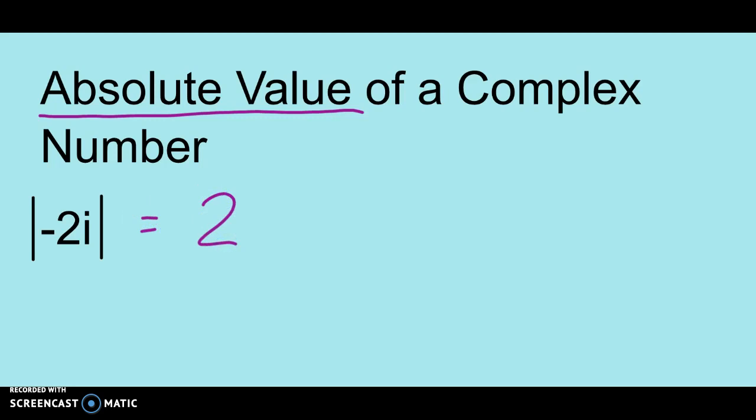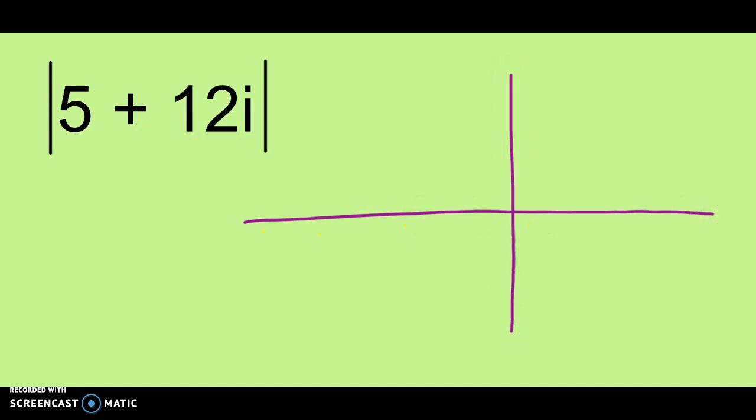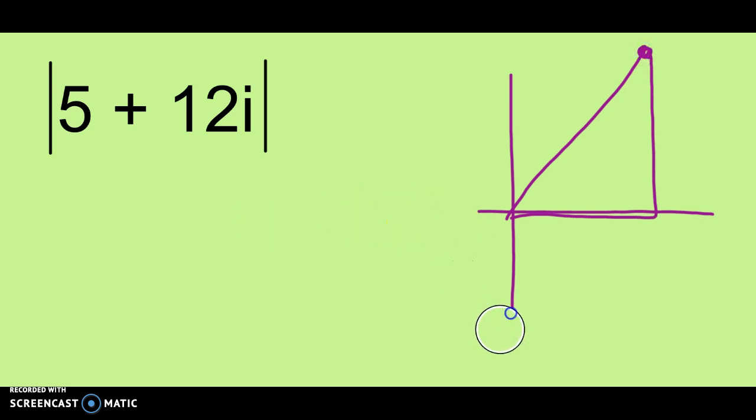It gets a little more complicated when you have something like this, because technically that's your imaginary plane, and this is your real plane, even though it looks like an X and a Y. You're going over 5 and up 12. You're way up here. You could either use the Pythagorean theorem to figure that out, or the distance formula. But because we have this special capability, we're going to save a little time, and we're going to just put it in our calculator. So go ahead and plug that into your calculator.